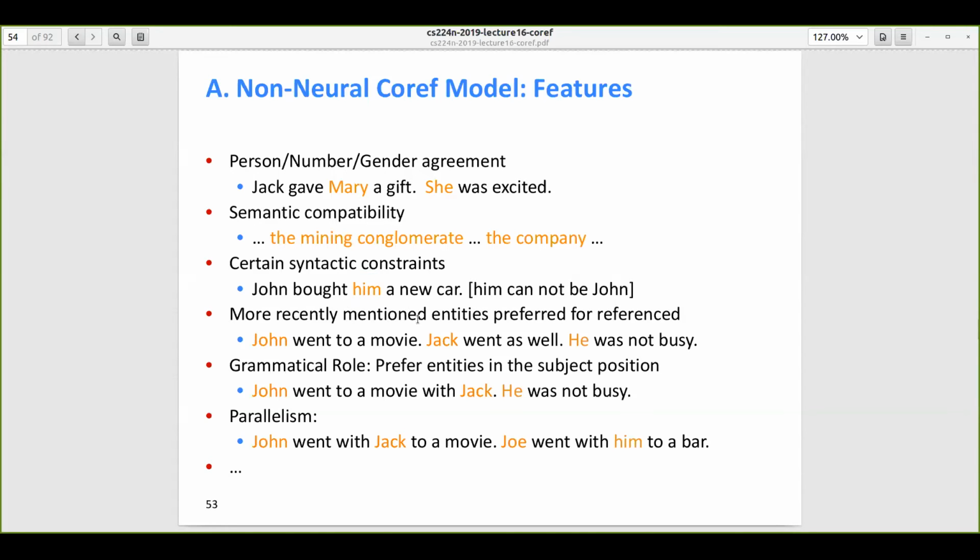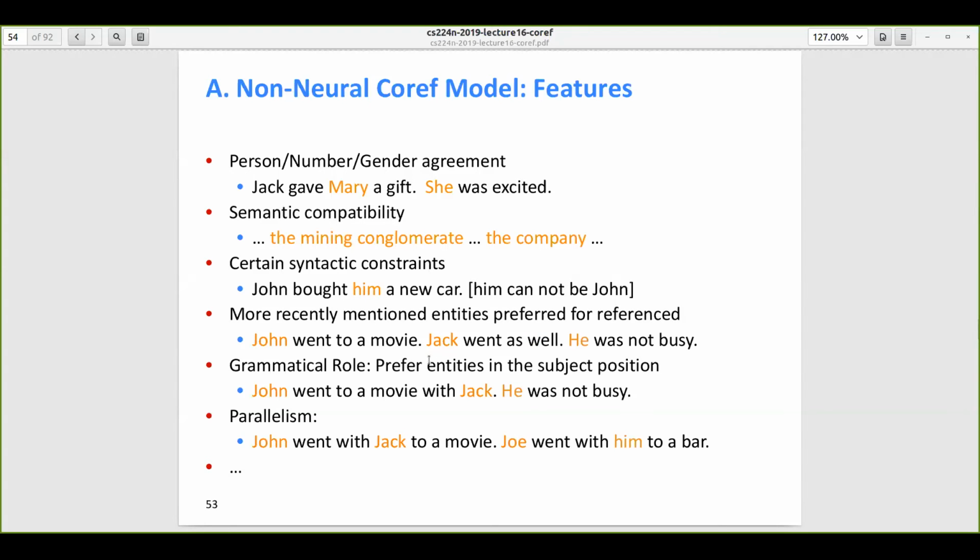And another feature or rule could be that the mentions actually refer to the most recent entity. So we have a sentence here: John went to a movie, Jack went as well. He was not busy. Now, who exactly is the word he referring to? Using a feature like this, he can be made to refer to Jack rather than John, because Jack is the entity which is the closest to the word he.